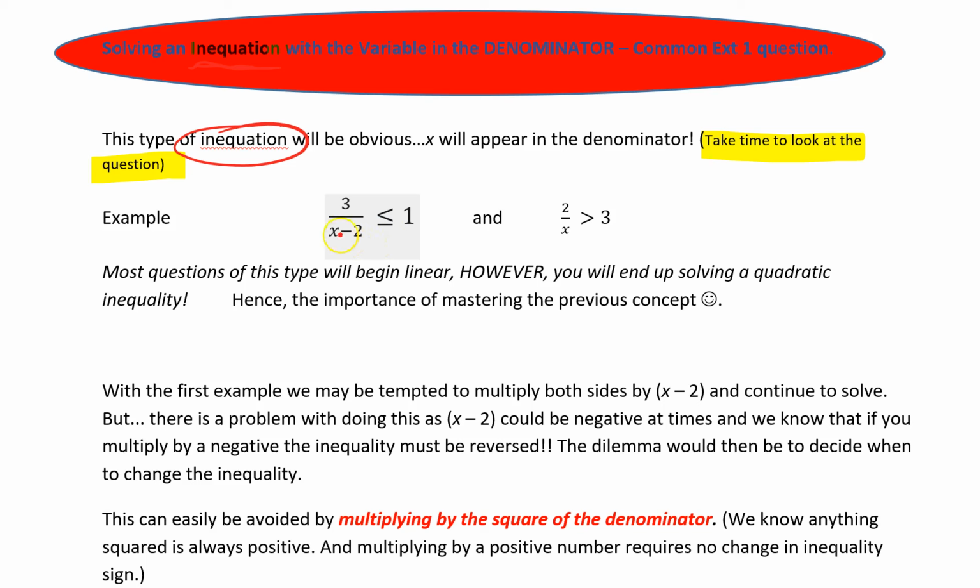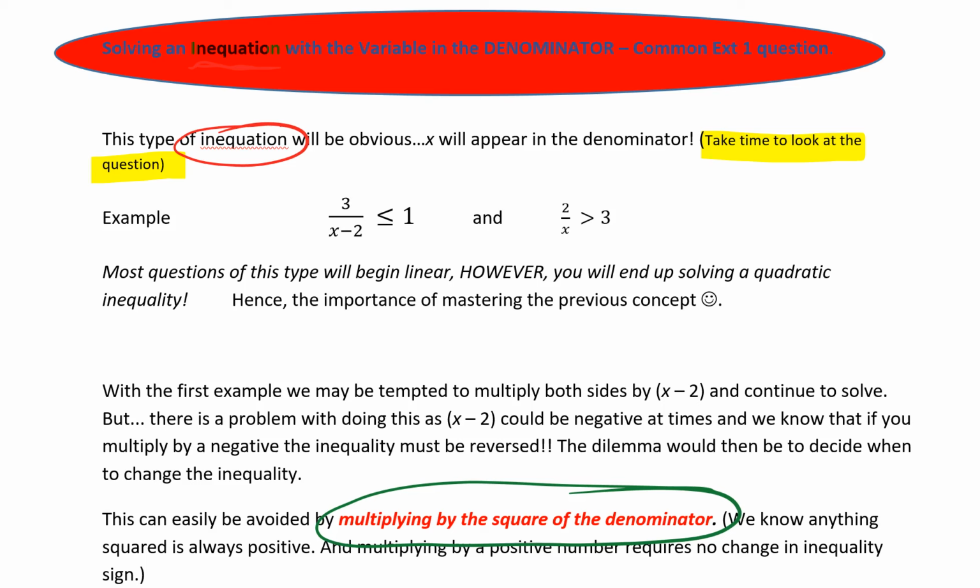So rather than try to work these out that way, we have a very simple solution, and that you'll see is highlighted here in red. You're going to be multiplying by the square of the denominator, because that will remove the denominator, and anything squared is a positive.